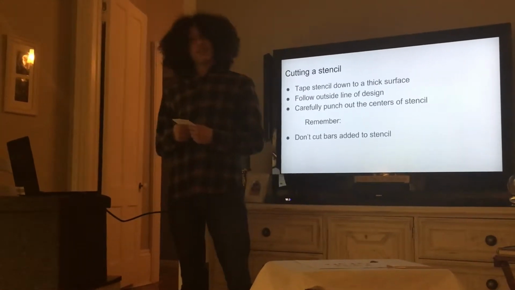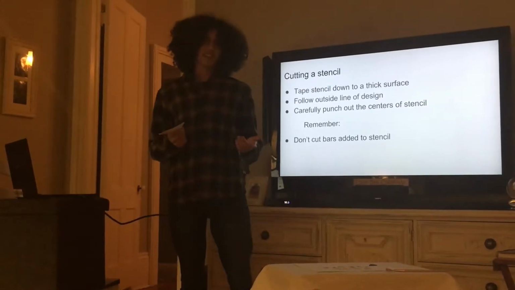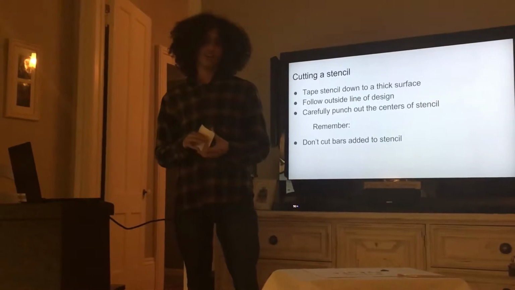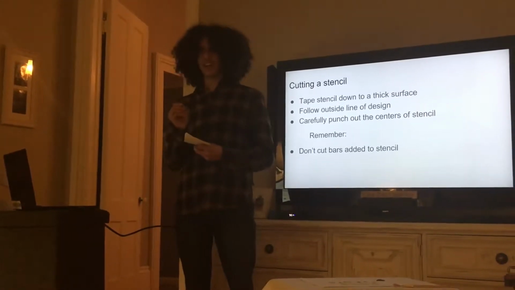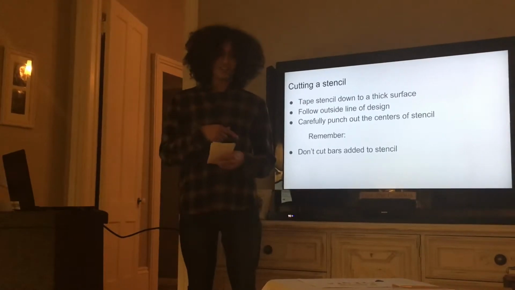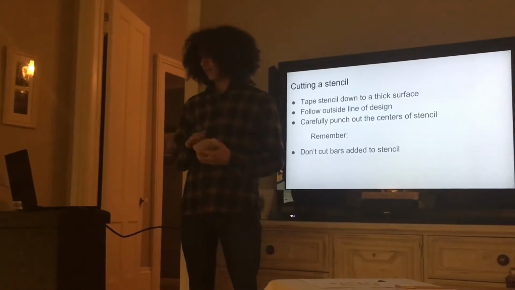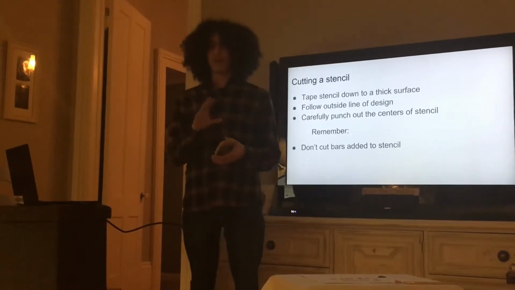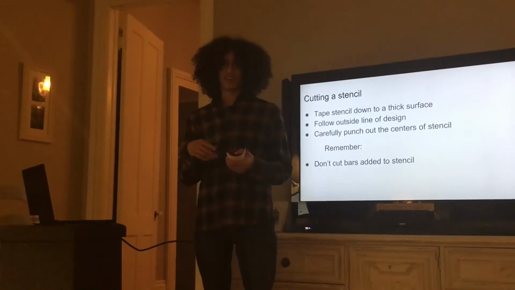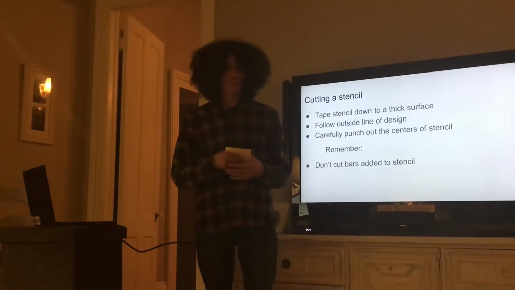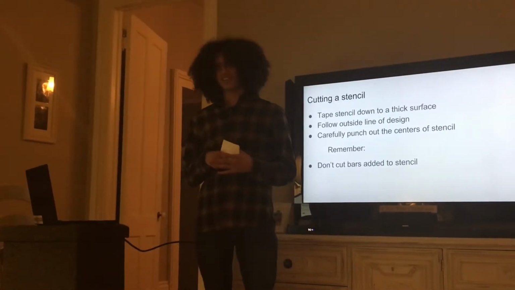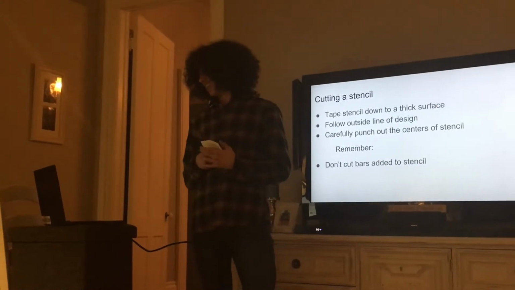The third step to creating a stencil is cutting your stencil out. When you're cutting your stencil out, you just want to follow the outside line of the stencil you had already designed previously. And keep in mind that you have to add bars if there's something in the center, because if you don't, it'll fall out and you'll just have a stencil that sucks, and you don't want that.